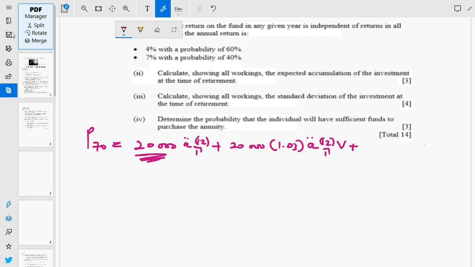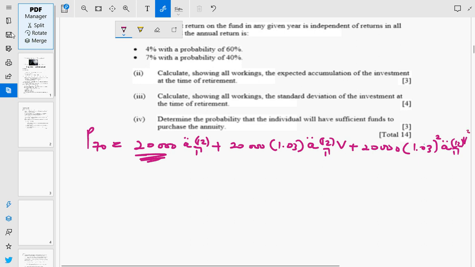And I'm going to follow this pattern till year 20. So in year 3, we're going to have 20,000 and we're going to increase this. Now it will be 1.03 to the power 2, payable in advance for a year monthly, but I have to discount it for 2 years.